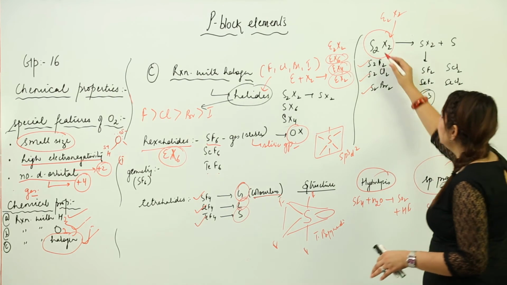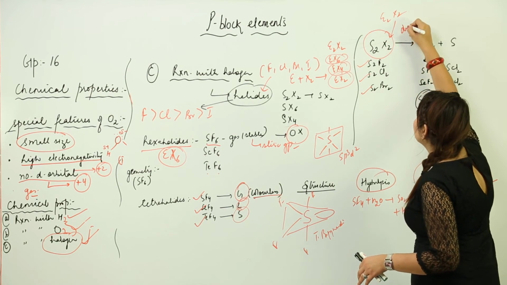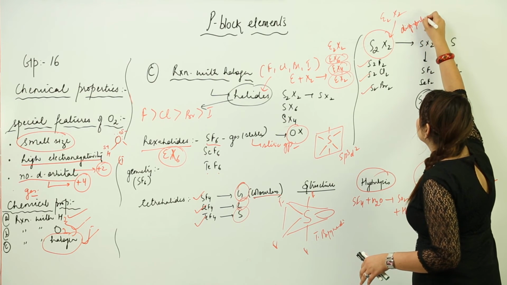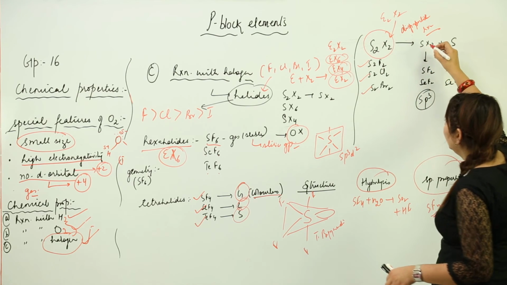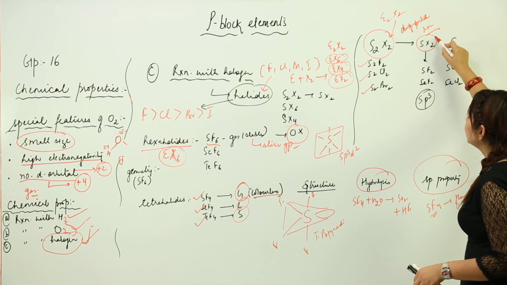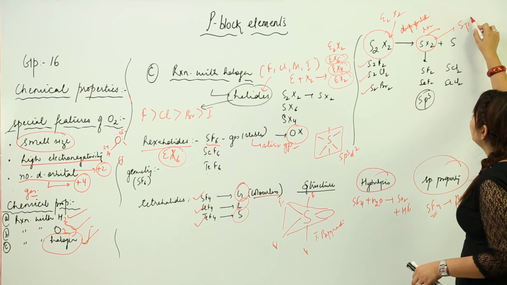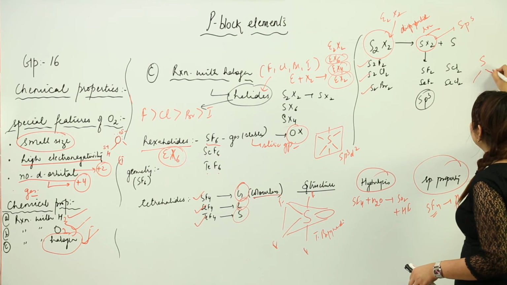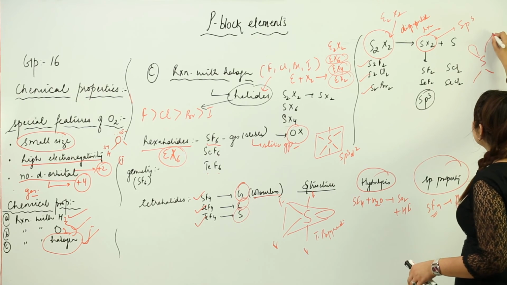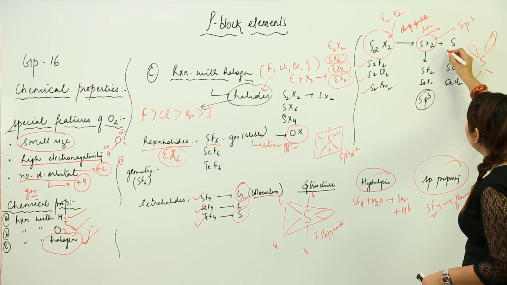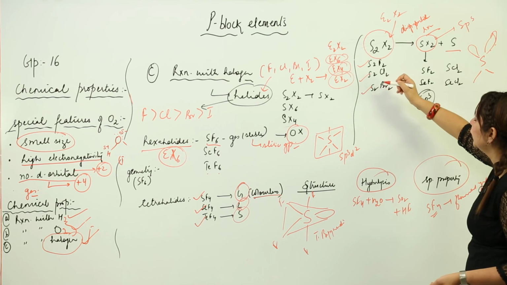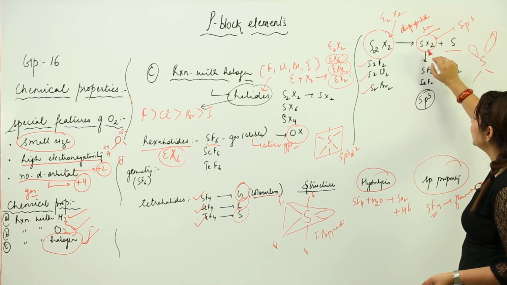So we see that these kinds of halides undergo a disproportionation reaction. It breaks up into a smaller halide of formula SX2, which is sp3 hybridized. That means the structure is something like this, that is tetrahedral. And it liberates the element, like if we do it for S2X2, it will be SX2 plus S.